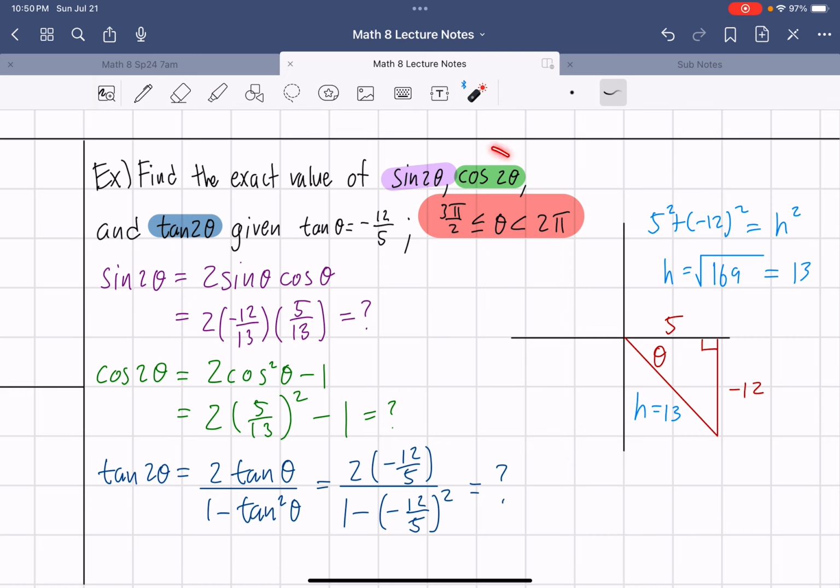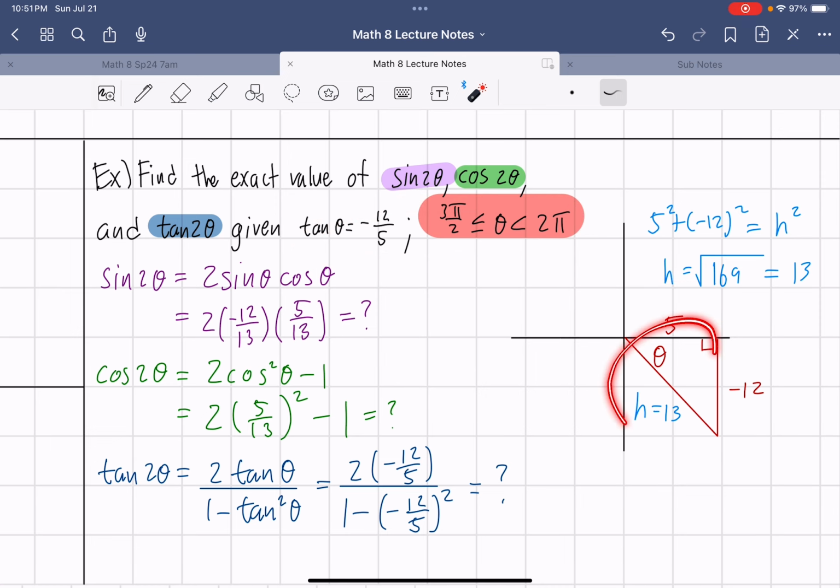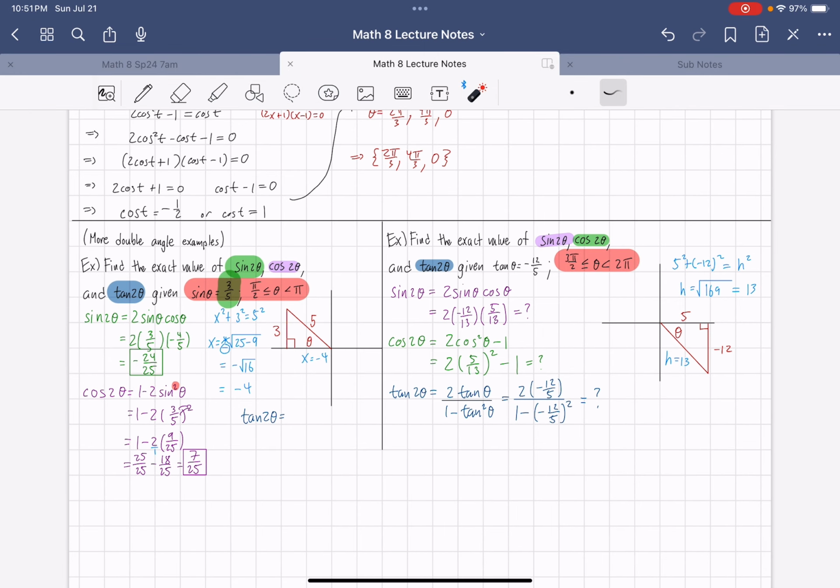But again, this example is just tailored to using your double angle identities and finding an exact value given the parameters that allow us to create a full triangle. Even though we don't know the radian, with this triangle we can still find the terminal points of the given information.